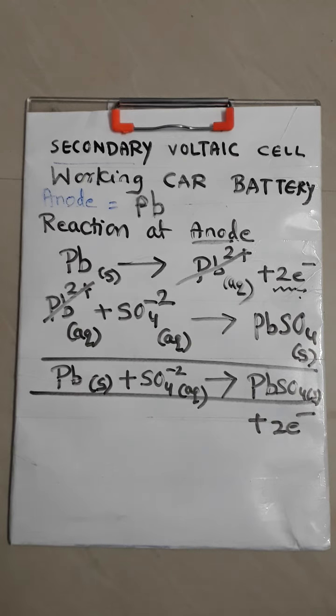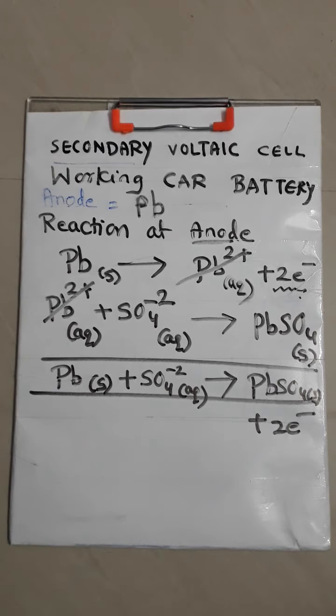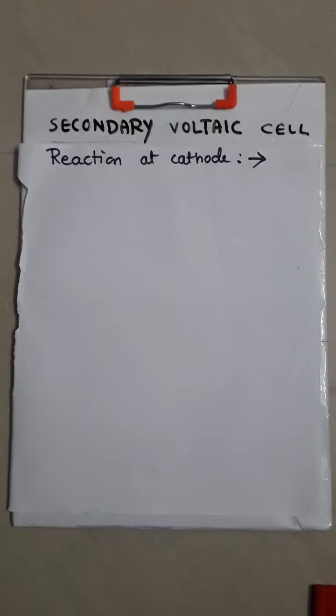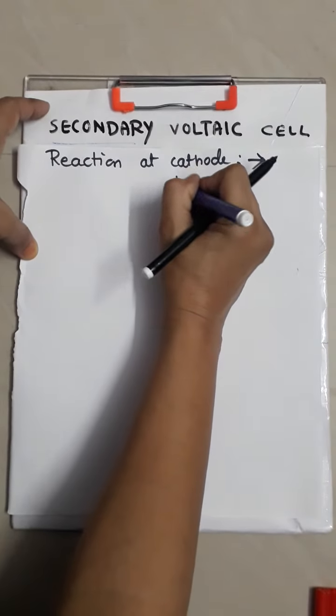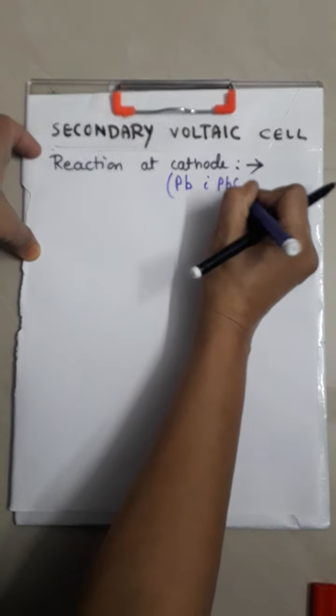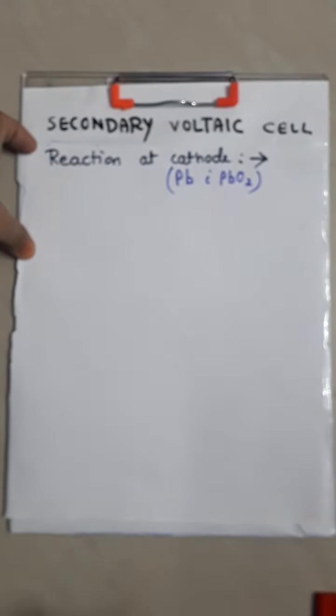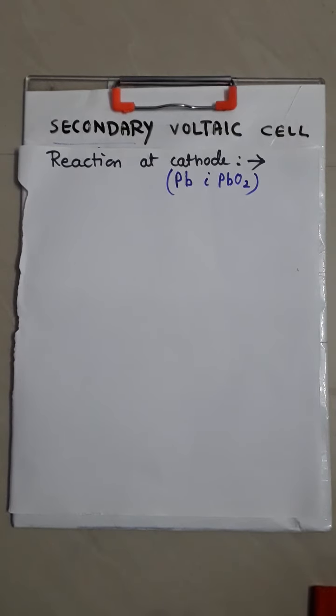Now we will study the reaction which is occurring at cathode for the car battery. As we know, cathode is actually a lead plate which is coated with PbO2. Now let us study the reaction.